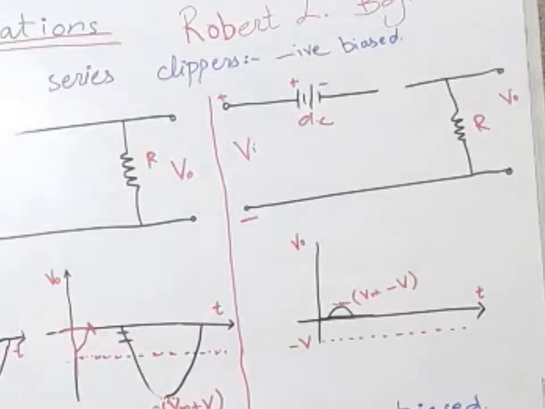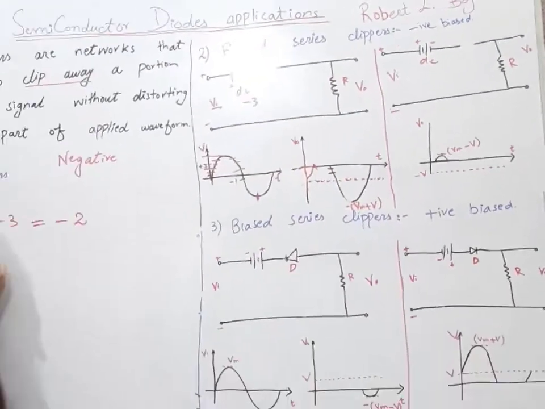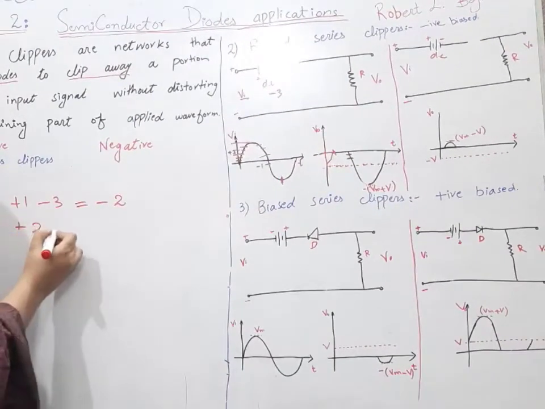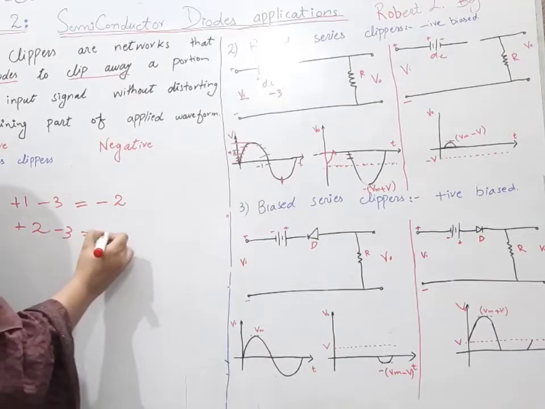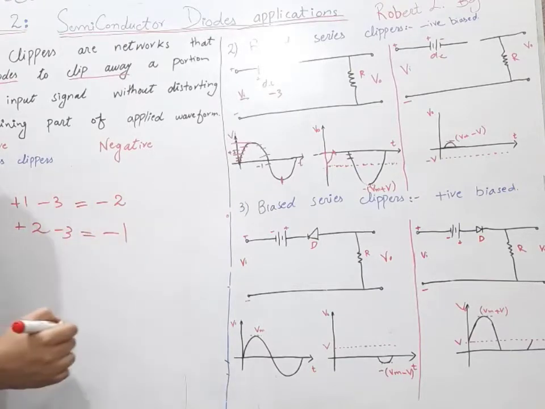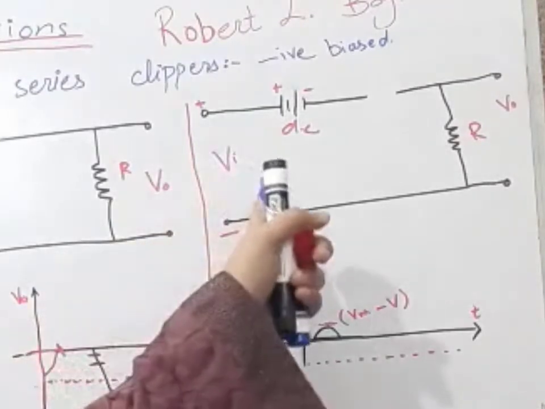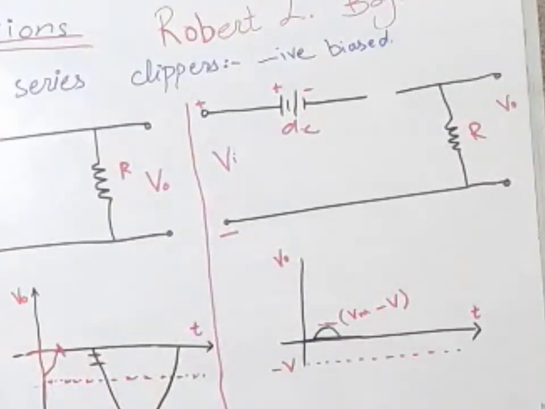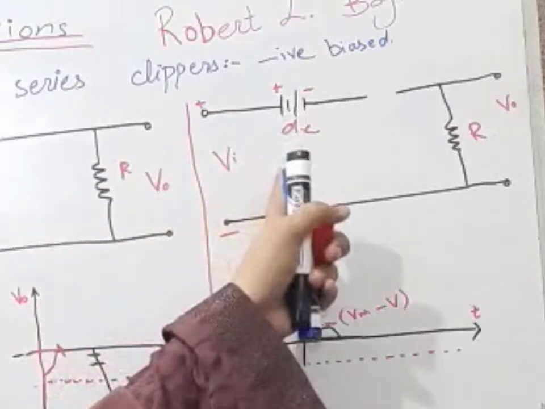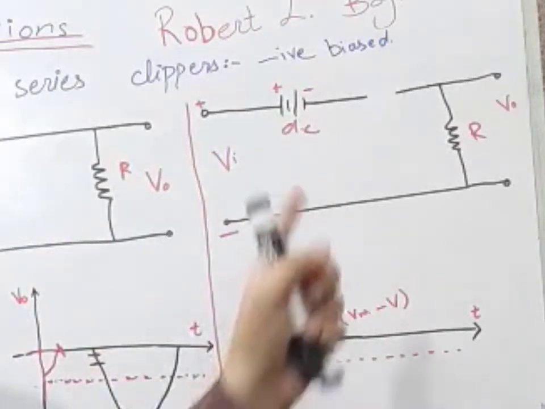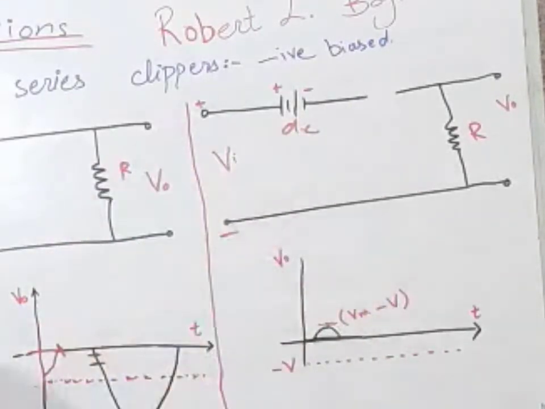For waveform of +2, we will get final result of -1, and again our battery is winning. With -1 indicate that our battery is winning. When battery is winning, it will try to make this diode reverse biased.